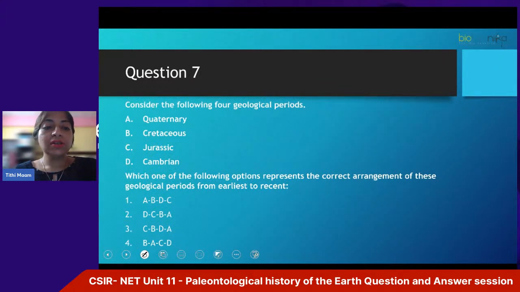Next question. Consider the following four geological periods: Quaternary, Cretaceous, Jurassic, Cambrian. Which one of the following options represents the correct arrangement of these geological periods from earliest to recent?